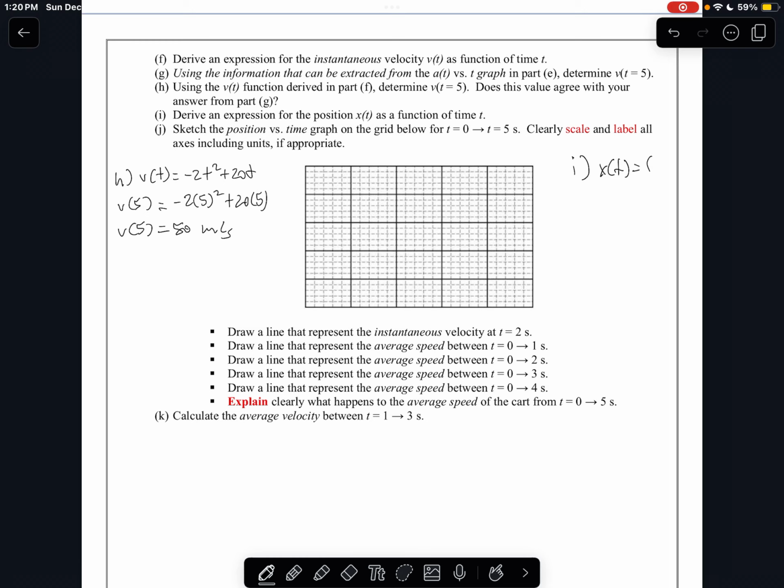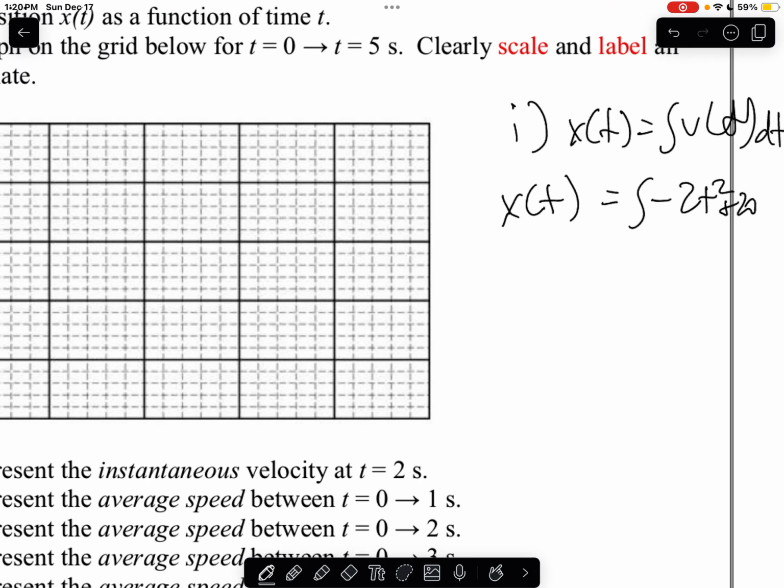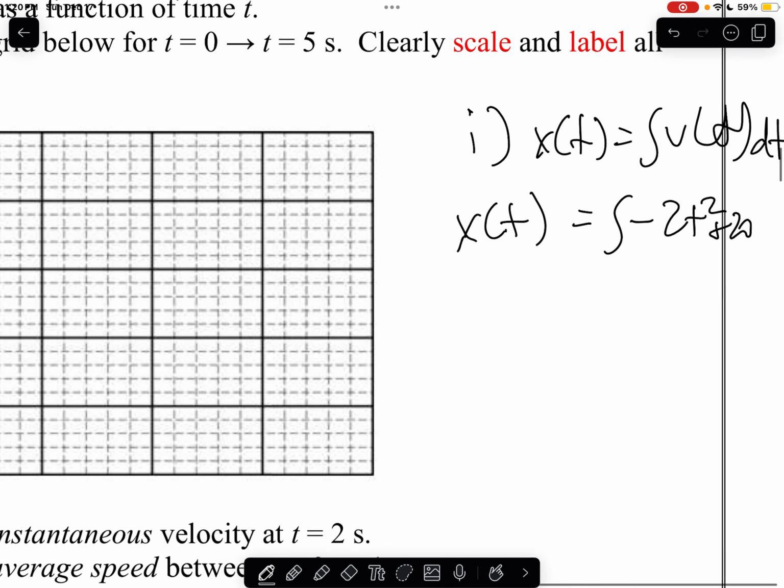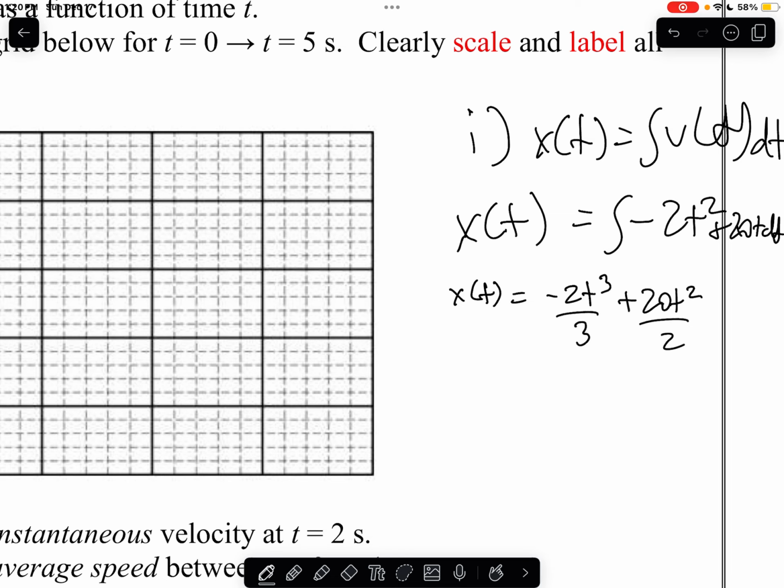So x of t equals the integral of v of t, the integral of negative 2t squared plus 20t dt. So x of t is going to be negative 2t cubed over 3 plus 20t squared over 2. x of t is negative 2/3 t cubed plus 10t squared.